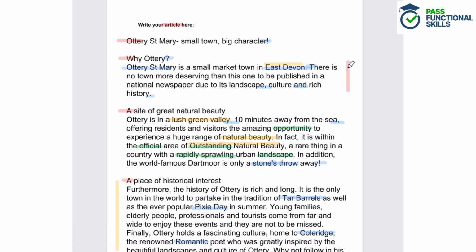It can be tricky to see where you need to start new paragraphs, but it's essentially whenever you bring up a new idea or start talking about a different topic. So we've got a bit of an introduction here, and then we go on to talk about the natural beauty in the area. And this entire paragraph is about that natural beauty and the location that it is in. So make sure that you divide your answer into sensible paragraphs.